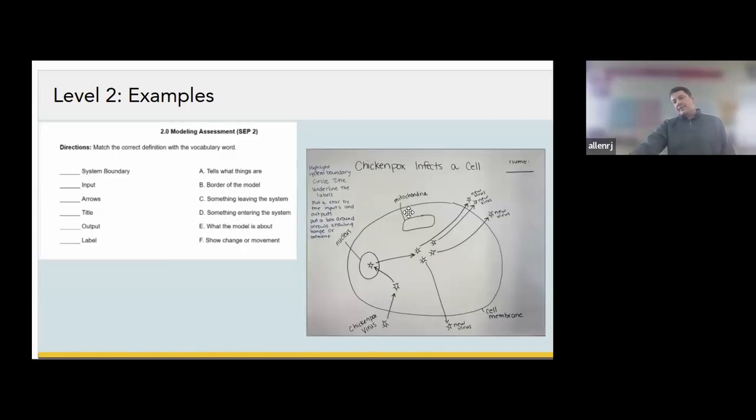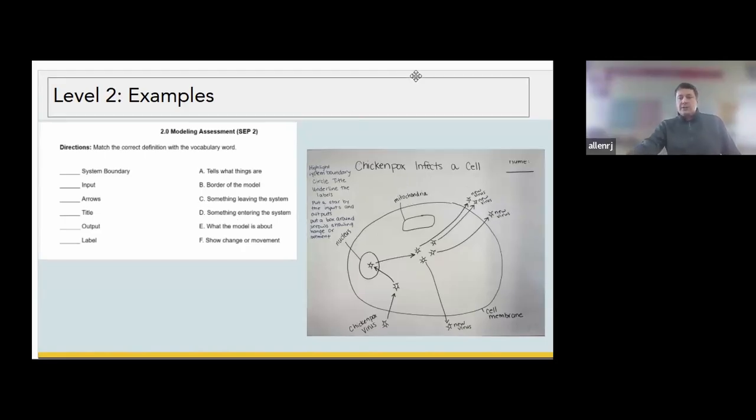And this is actually from a MyStar assessment that we use, and you can see we have them highlight the system boundary and circle the title, or underline the labels. And I know that seems really, really easy, but I'm surprised when we started doing this. A lot of the things that we take for granted, the kids don't know.